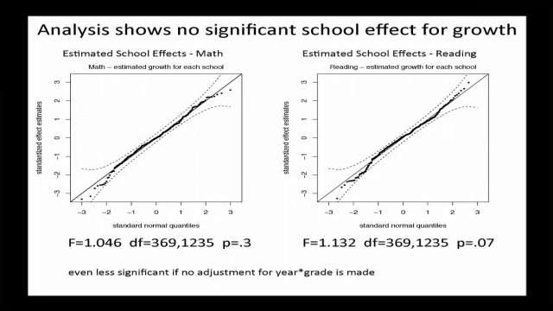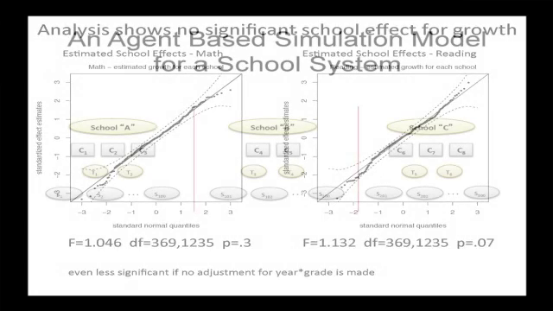We have an ANOVA model, and we can put bounds on what our predictions are. Within your statistical bounds, everything lies within there. So we're not seeing a lot of difference associated with the different schools here.